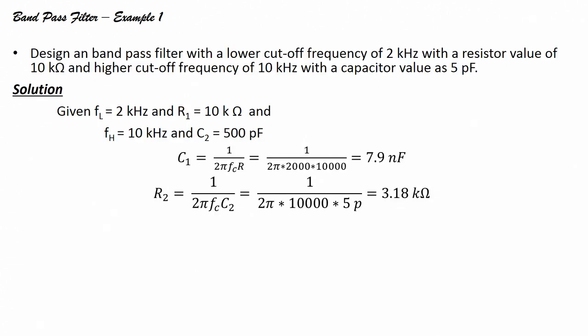So, let us take an example to make it easier. Design a band pass filter with a low cutoff frequency of 2 kilohertz and a resistor value of 10 kilo ohm, a high cutoff frequency of 10 kilohertz, and a capacitor value of 500 picofarad. So, what is given?